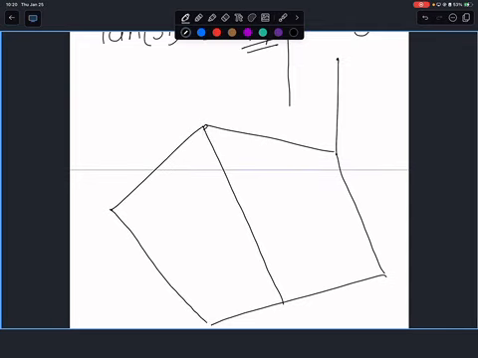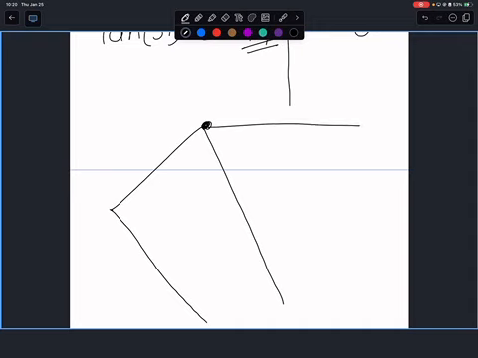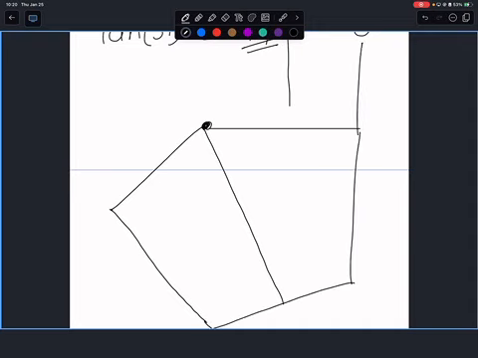And you were standing here. How tall is the pole? I think this was 90 degrees, straight, something like this.